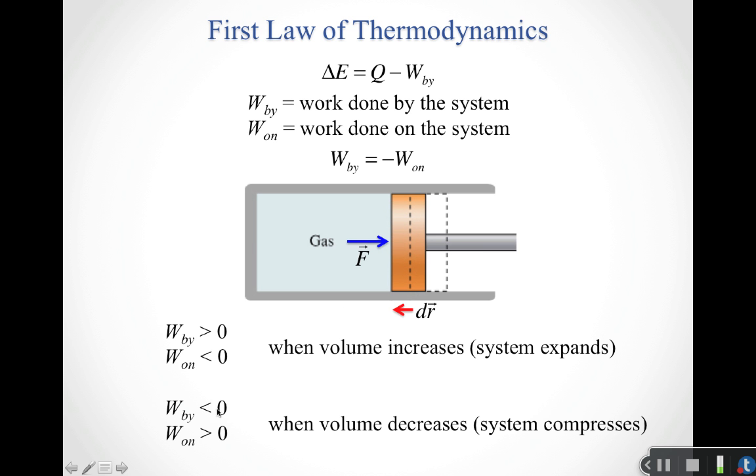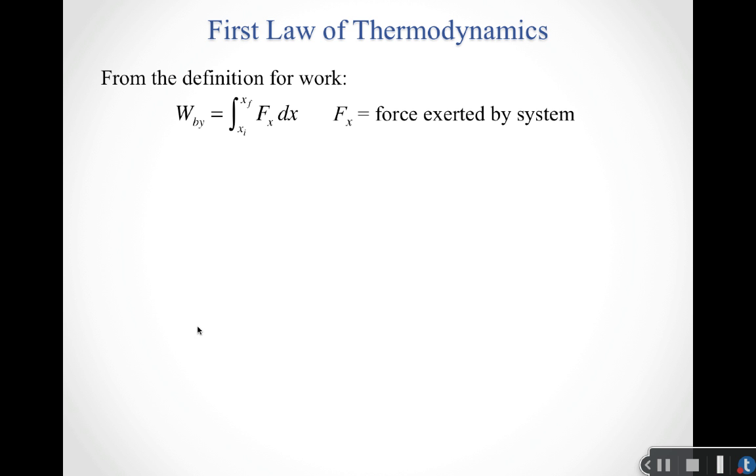If, on the other hand, the volume decreases, so the piston head is pushed in, then the work done by the gas is actually negative, force and displacement point in opposite directions. The work done on the gas would be positive, so it took some larger external force out here to get the system to compress. And so we're going to end up focusing on whether the system is expanding or compressing, and that's going to tell us something about whether the work being done by the system is positive or negative.